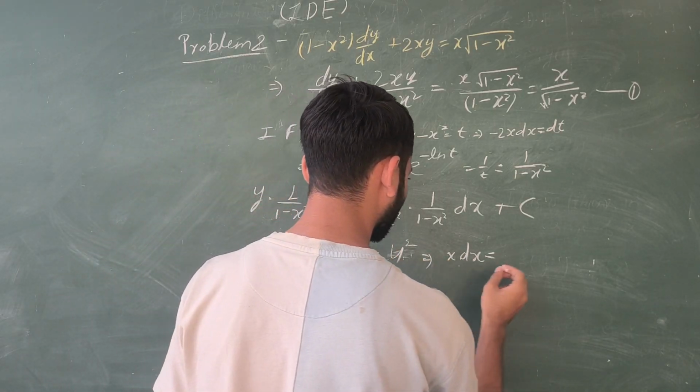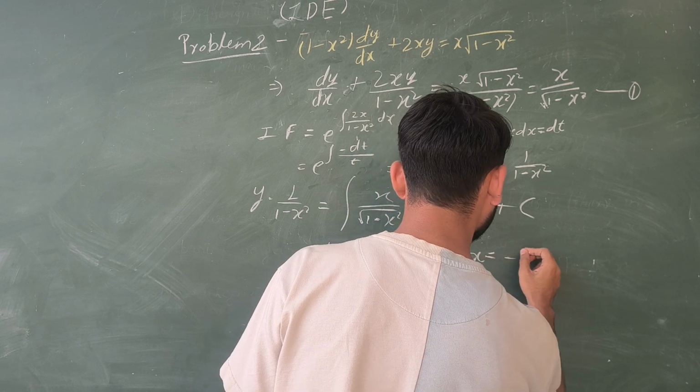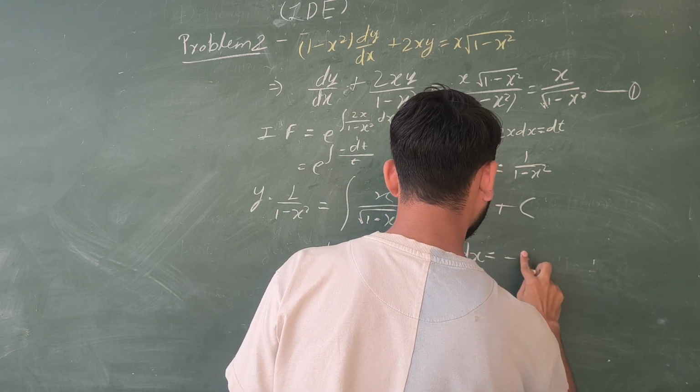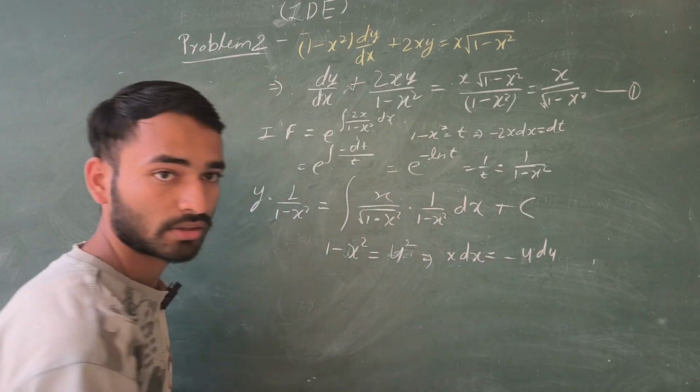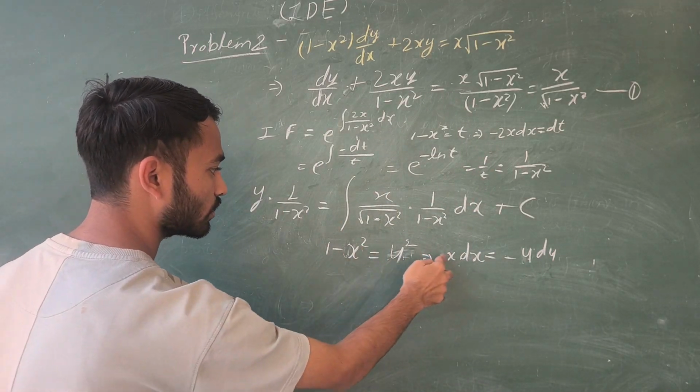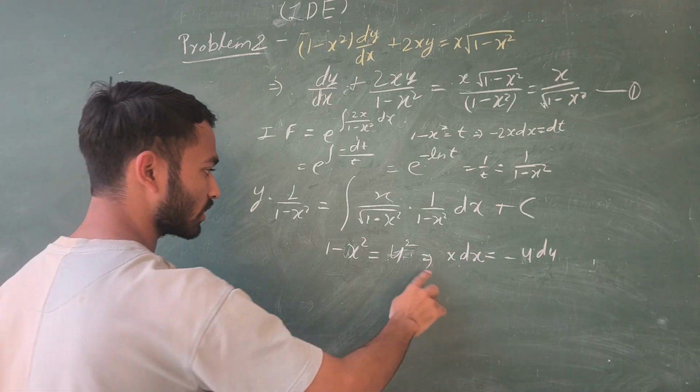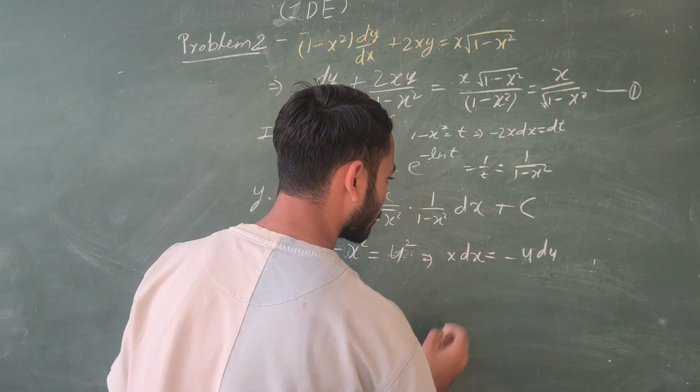This will be minus u du. Why? Because 2 from here and 2 from here will be cancelled out, and this minus will be here.